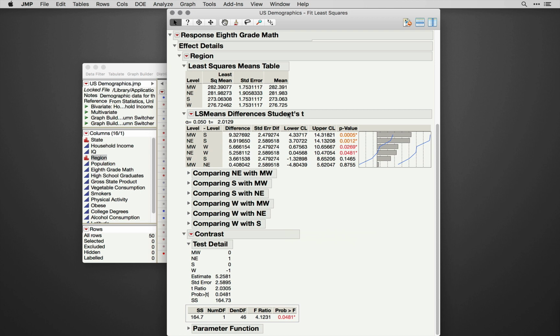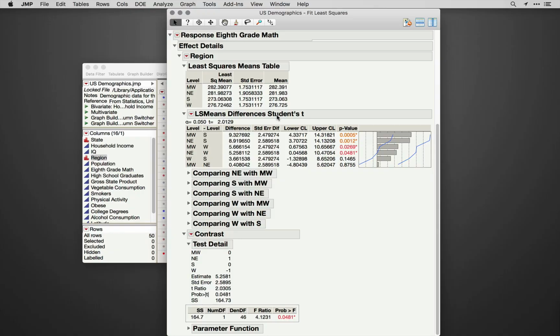Now, if we wanted to produce all pairwise comparisons, doing it through a least squares means students t, that option is pretty darn convenient. JMP will produce all those tests for us. So why use a contrast? Why go through the trouble of defining a little detector using that contrast panel when clearly JMP can produce all the pairwise comparisons and we can see that they're already equivalent?